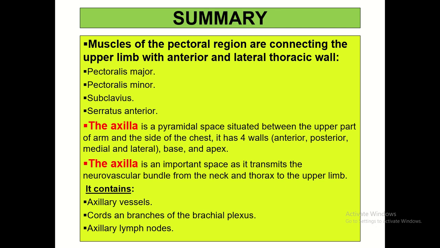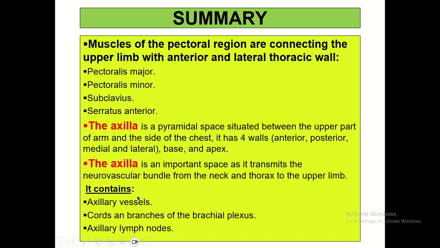So in our later session, we're going to talk about the axilla. Basically, the axilla is a pyramidal space situated between your upper part of the arm and the side of the chest. It has four walls or borders: anterior, posterior, medial, and lateral, and also has the apex and the base. There are also very essential contents within the axilla.